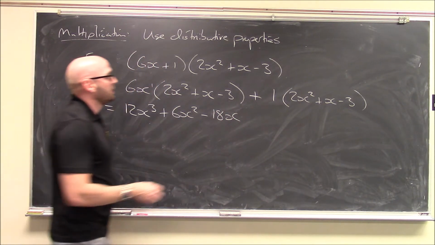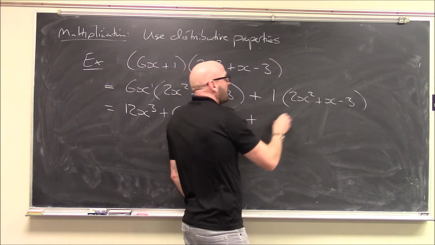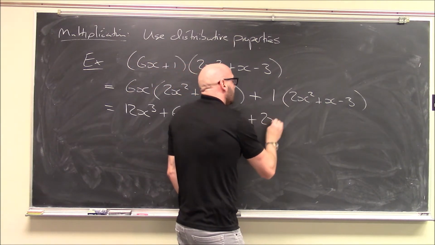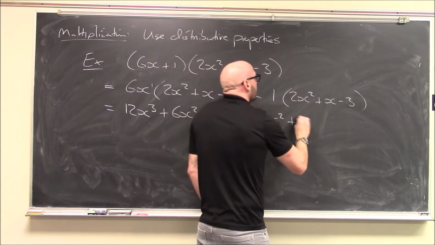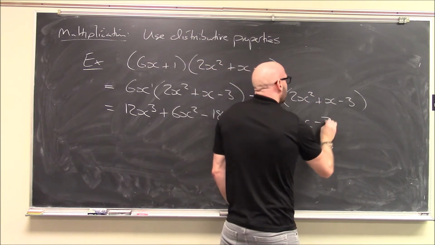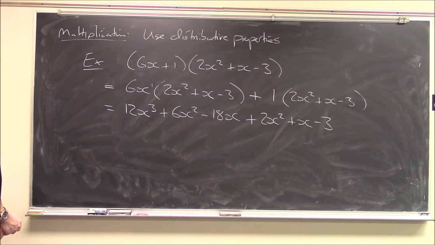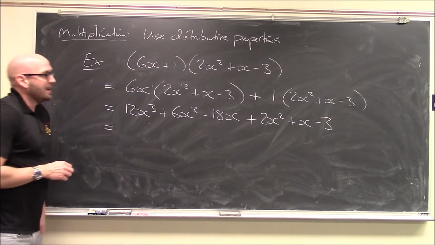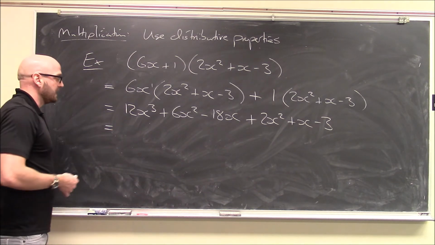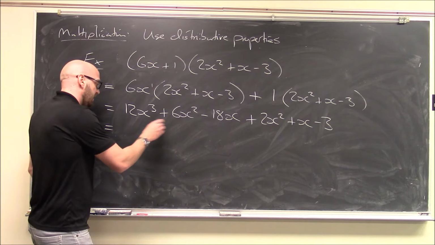Do the same thing with the other expression, but this one's pretty easy because it's just 1 times all these terms. 1 times 2x squared is 2x squared. 1 times x is plus x. 1 times minus 3 is minus 3. And we're technically done at this point, but you should never leave a polynomial looking like this. You should group all your like terms together. So how many x cubes do I have?